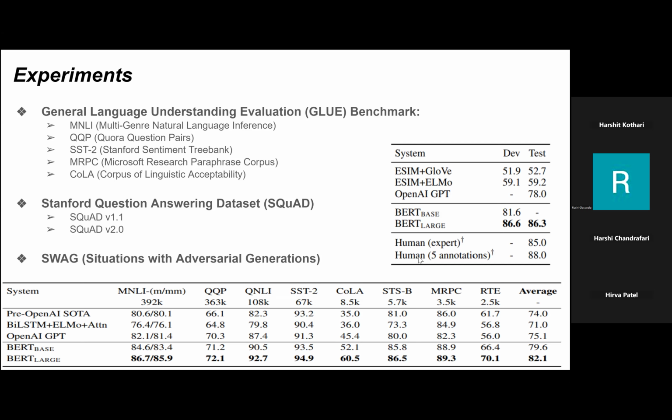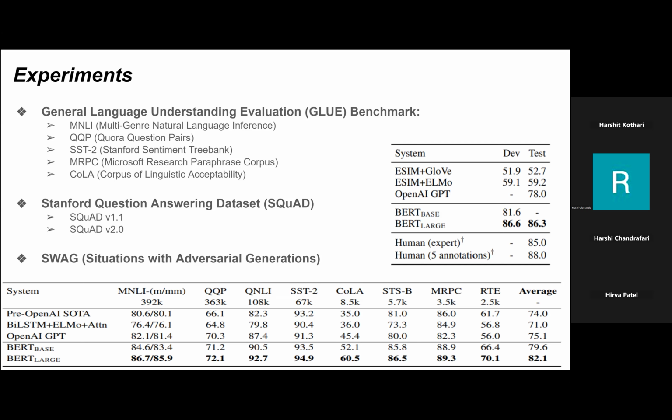Going to the Stanford Question Answering Dataset, or SQuAD. This test involves asking BERT questions based on a paragraph or text, and it has to find the right answer within the paragraph. There are two versions of SQuAD, SQuAD v1.1 and SQuAD v2.0. In SQuAD v1.1, BERT is asked to find the exact span of text in a paragraph that answers a question.